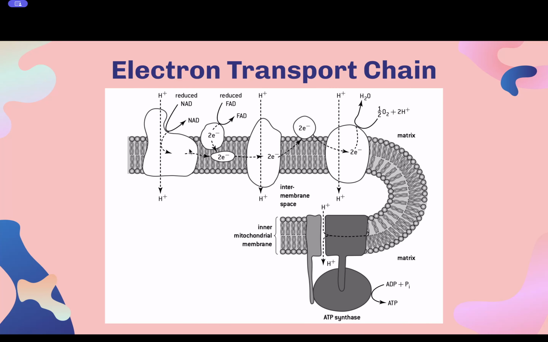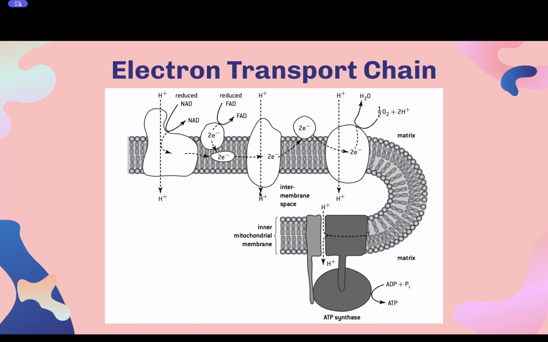So, the electron transport chain is probably one of the most annoying parts of cell respiration, but once you start to get it, it'll simplify down. Of course this is occurring in the mitochondria, so this phospholipid bilayer, recall from unit 1, is the inner mitochondrial membrane.